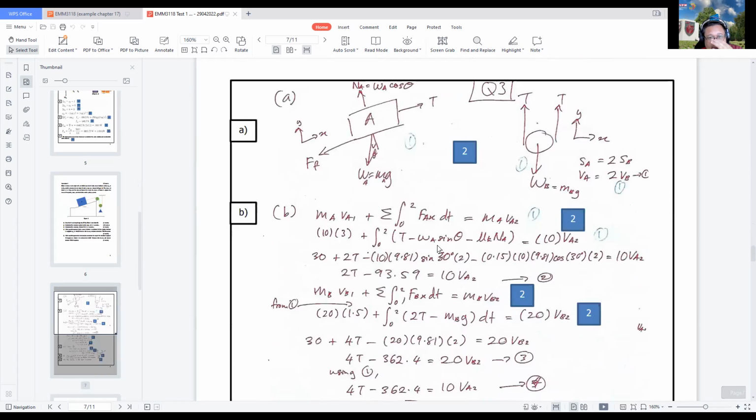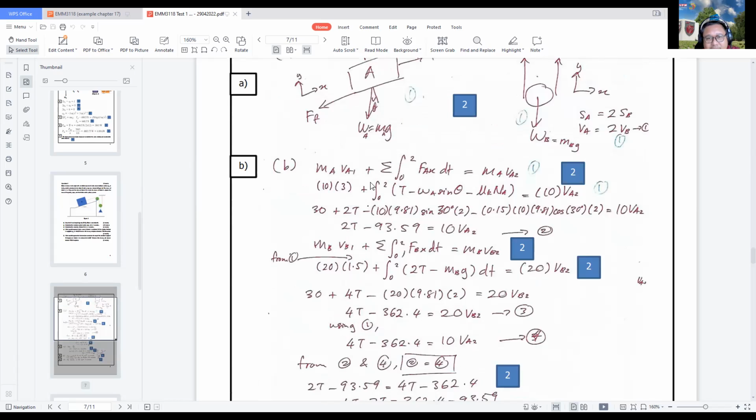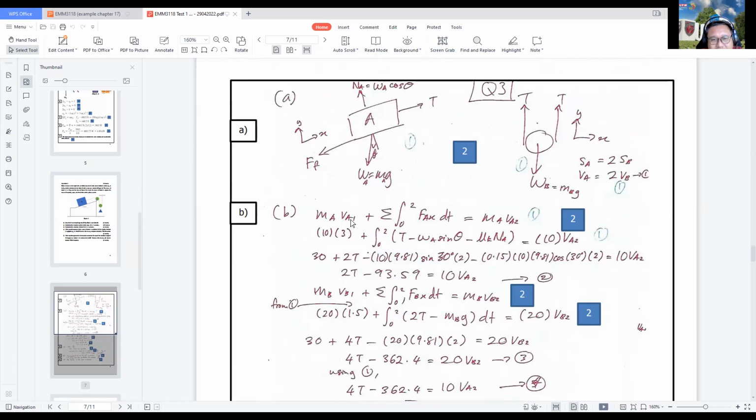So first you need to draw the free body diagram. And then using this set of equations, right? In this set of equations we have mA aA. This is a momentum equation, right?